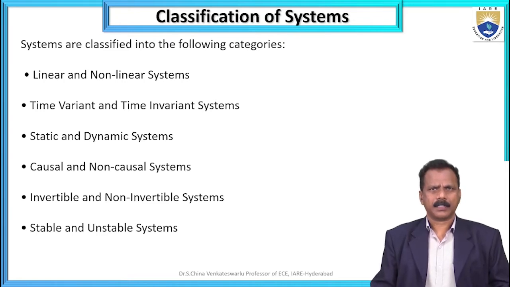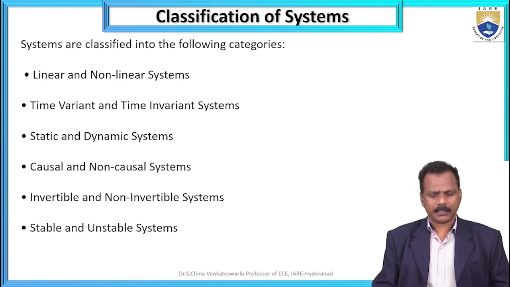The system may be static or dynamic. We expect all static and dynamic systems with accurate information. Some systems may be causal and some may be non-causal, and we require these causal and non-causal systems.